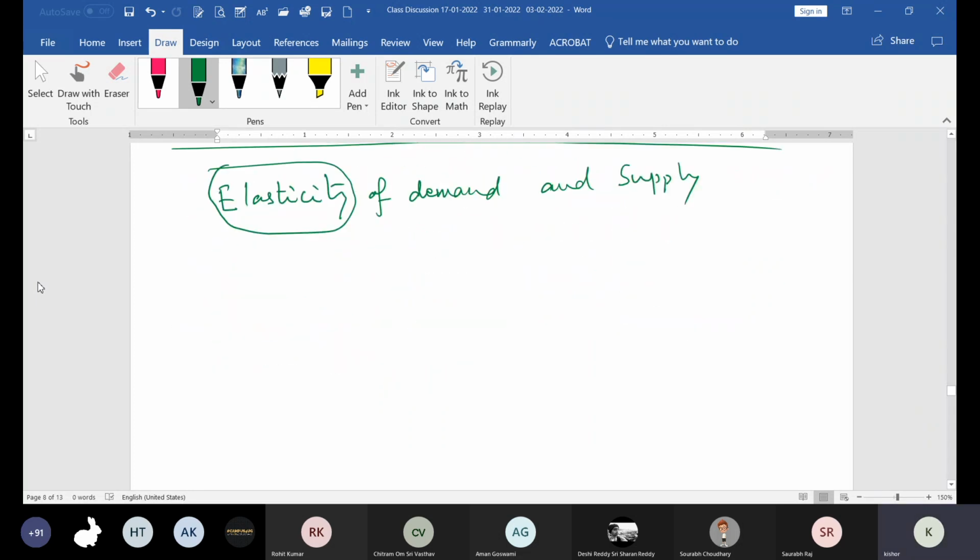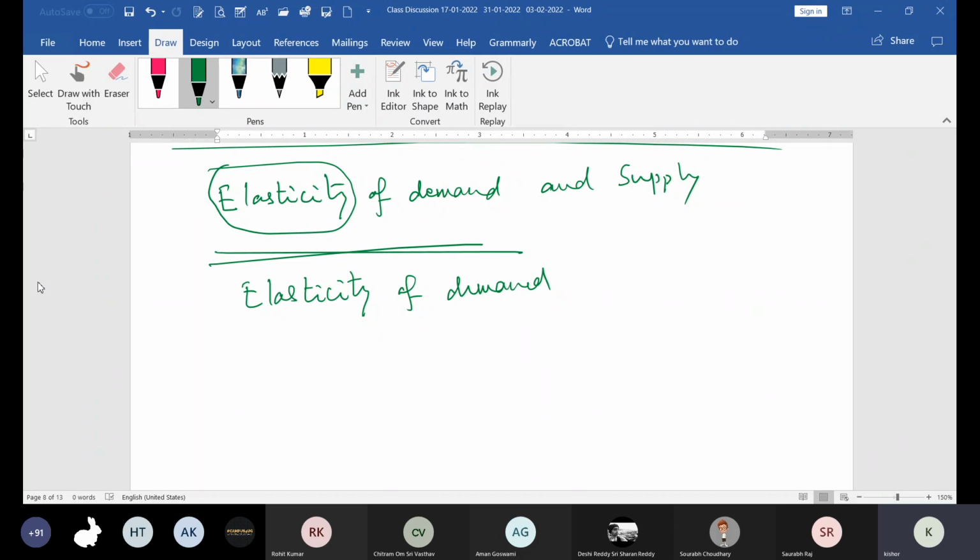But remember, initially we will discuss elasticity of demand. Supply we will discuss later on. Under elasticity of demand, there are different parameters. You remember, in the dynamic demand function also we discussed it.